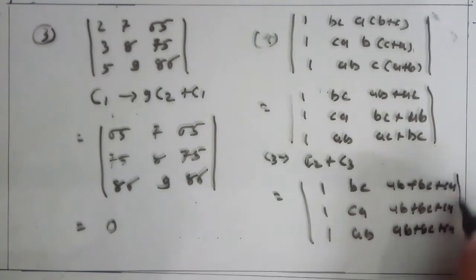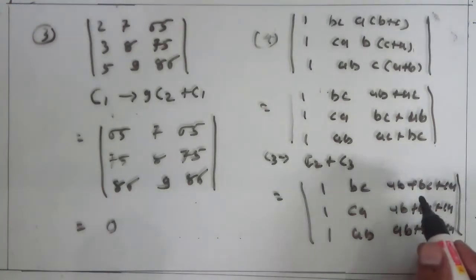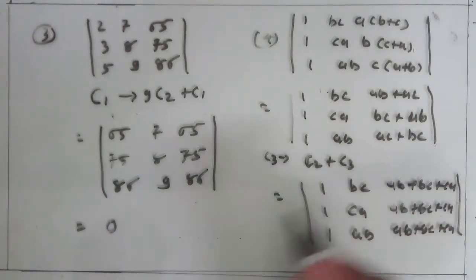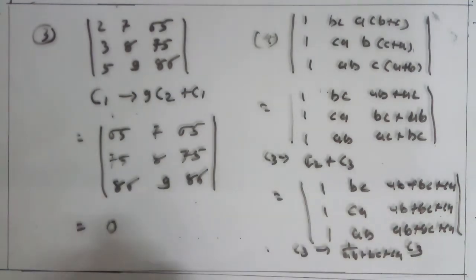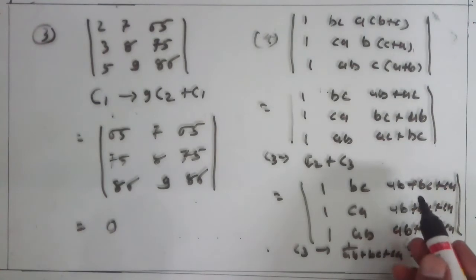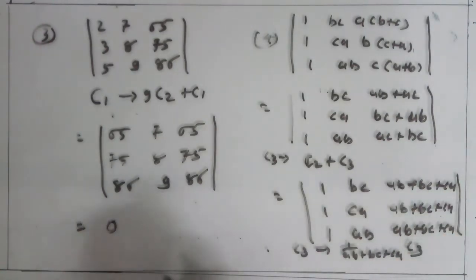Clear this? So the value here is AB plus BC plus CA. Now take common, that is, multiplying the third column by 1 upon AB plus BC plus CA. What is the meaning of multiplying the third column by 1 upon AB plus BC plus CA? Taking common AB plus BC plus CA. Remember this.